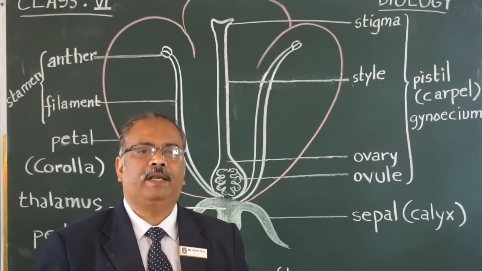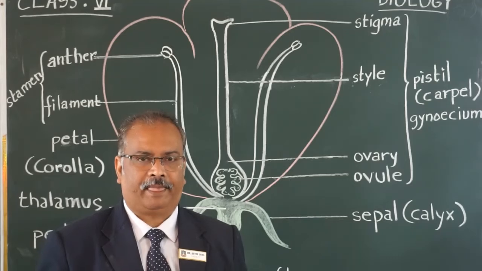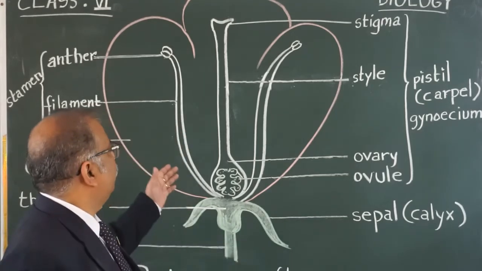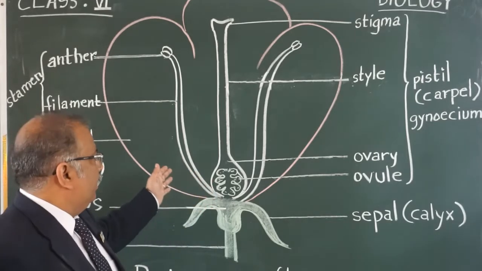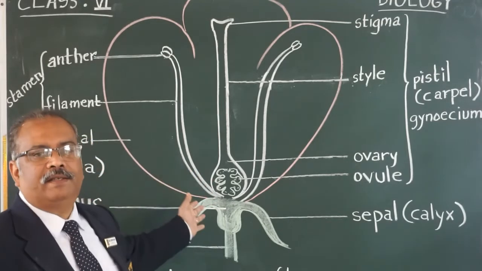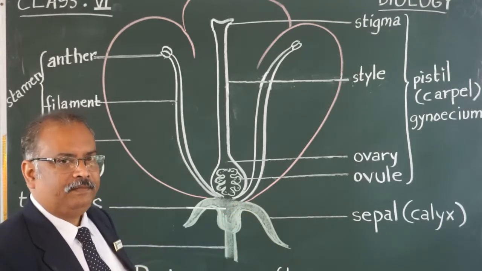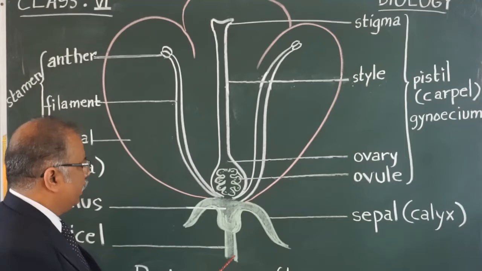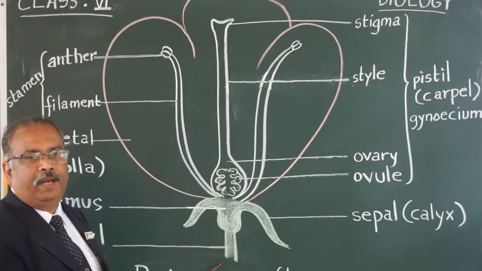So today we will be learning about the structure of a flower. As you can see here, I have drawn the flower. In fact, this is the diagrammatic representation of a flower. So this portion is attached to the plant.